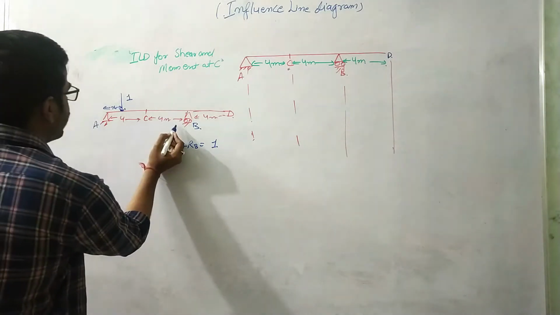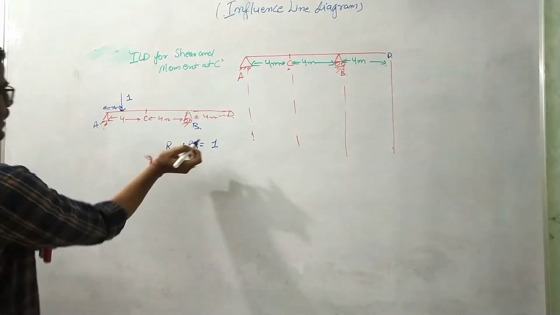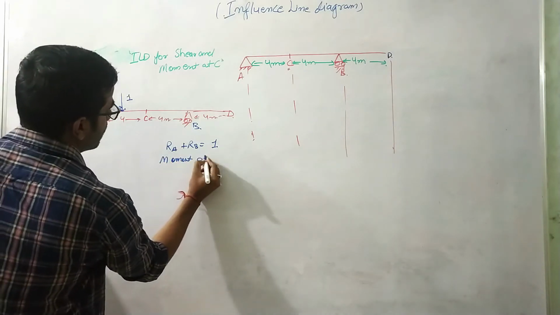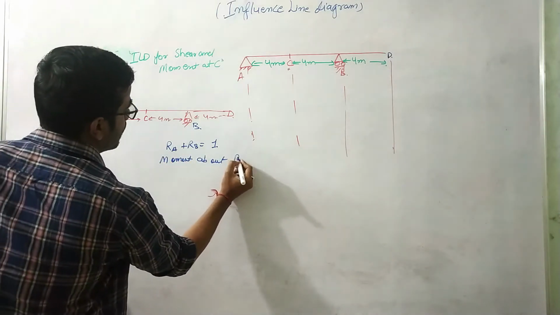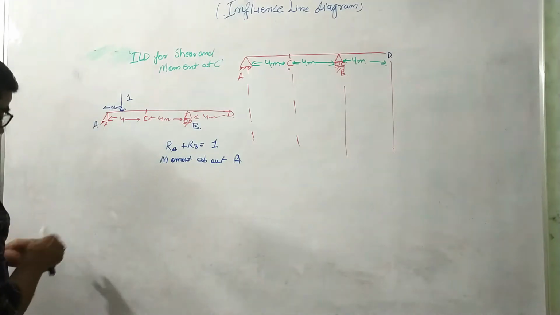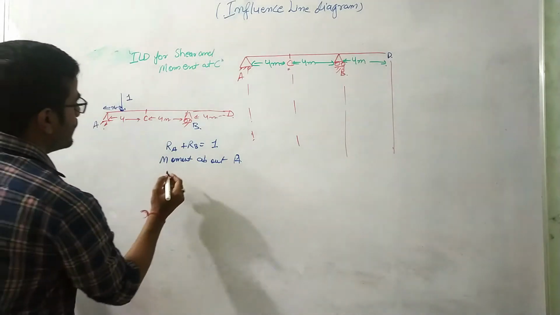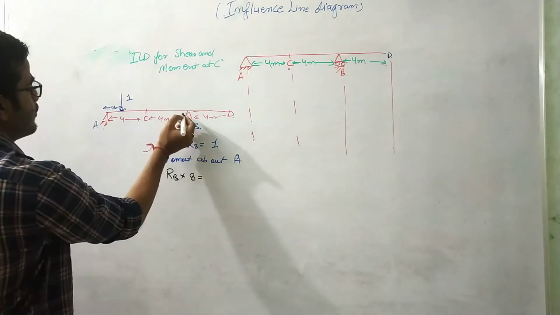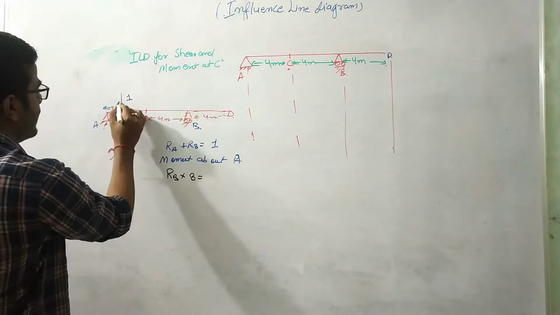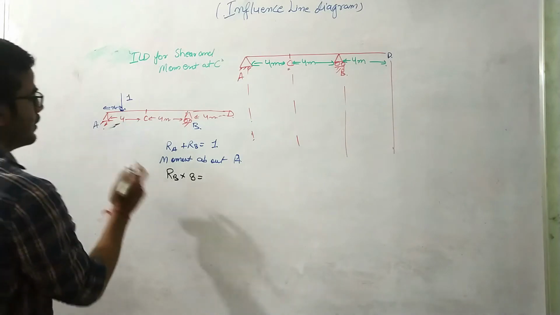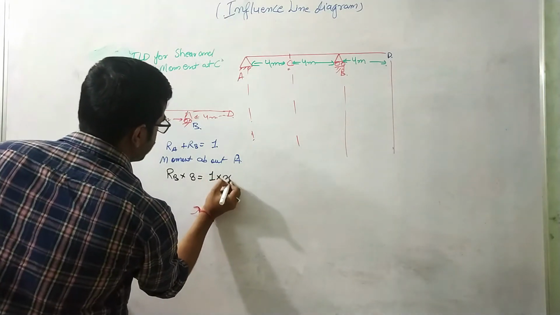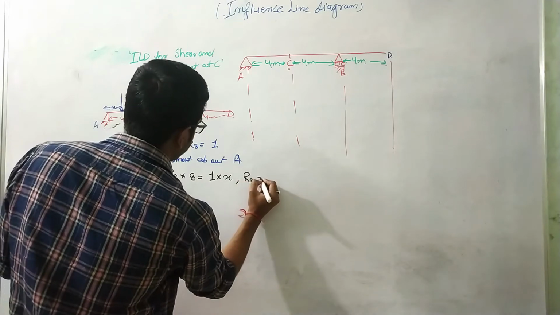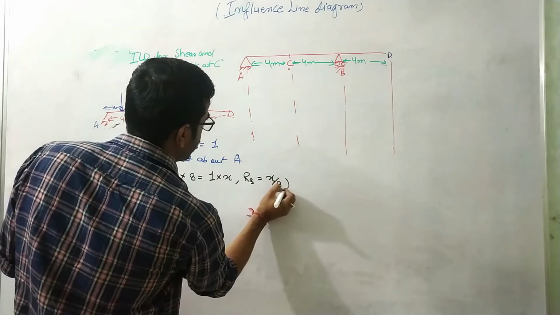And if we take moment about point A, RB into 8. Moment due to RB is anti-clockwise and due to this unit load is clockwise, 1 into X. So from here I can write RB equals X over 8.